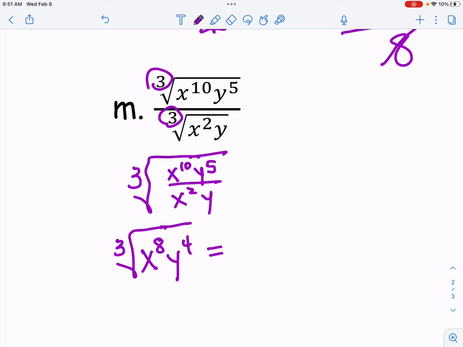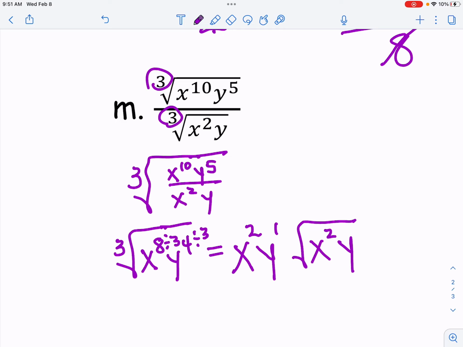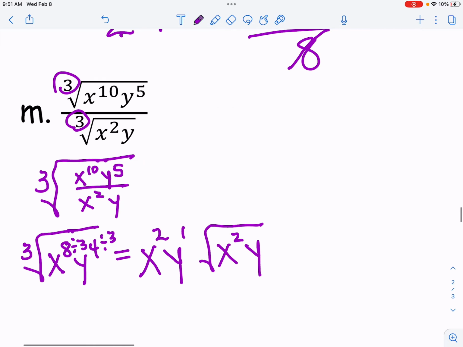I divide both of those by 3. I have 2 whole groups of the x's, and I have 2 left over. 4 divided by 3, that's 1 time with 1 left over. That one was easy.